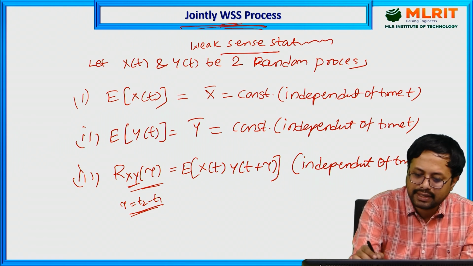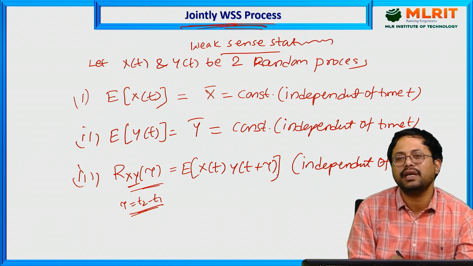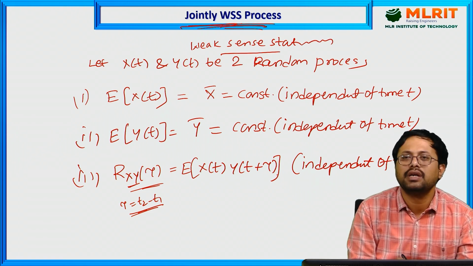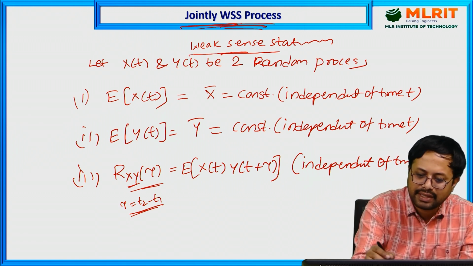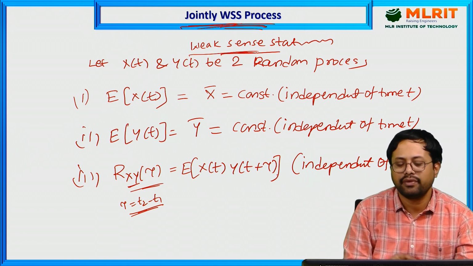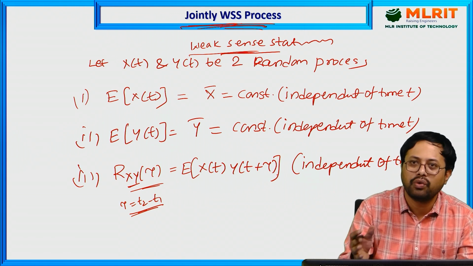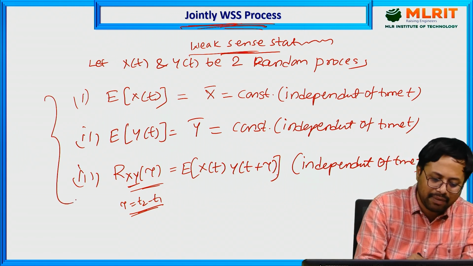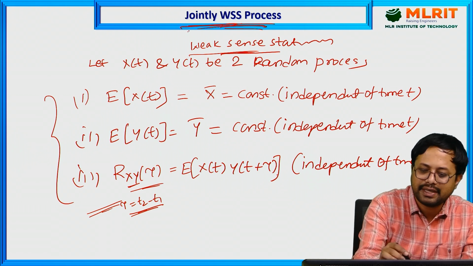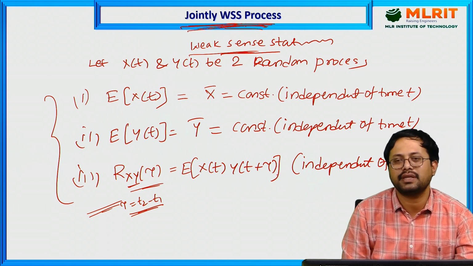Here we are calculating up to the second order only, which is why it is called weak sense stationary. We are taking an approximation to the original random process, and based on these parameters we can judge whether it satisfies jointly wide sense stationary or not.